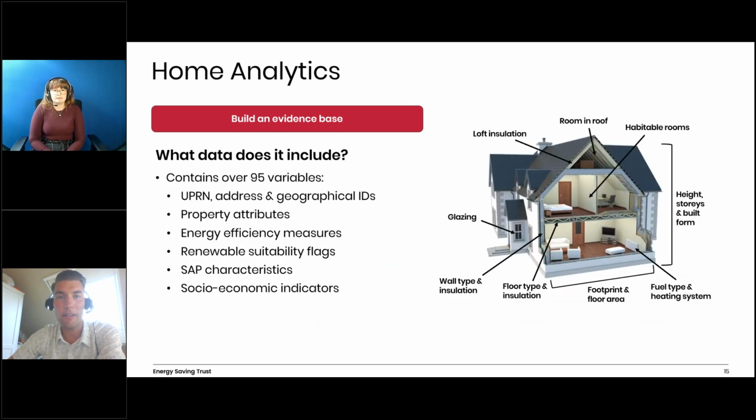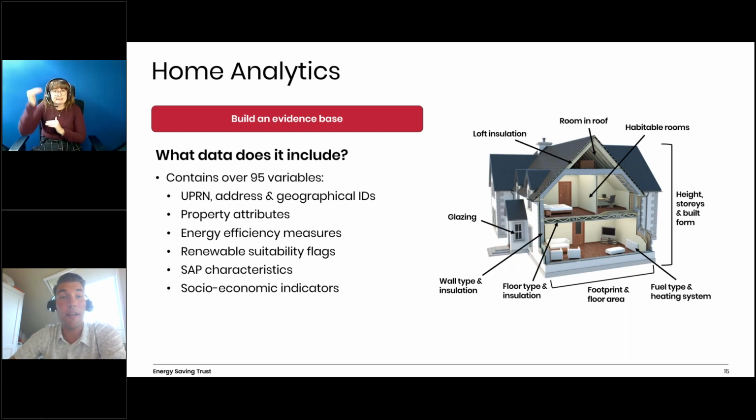So I'll start with Home Analytics, which again is a property database. It contains over 95 variables of information for each property in Great Britain, including key elements such as the unique property reference number, or UPRN, the address, as well as other geographical identifiers, which allow the data to be connected to other data sources. It also includes things like property attributes, so things like property type, built form, floor area, and height.